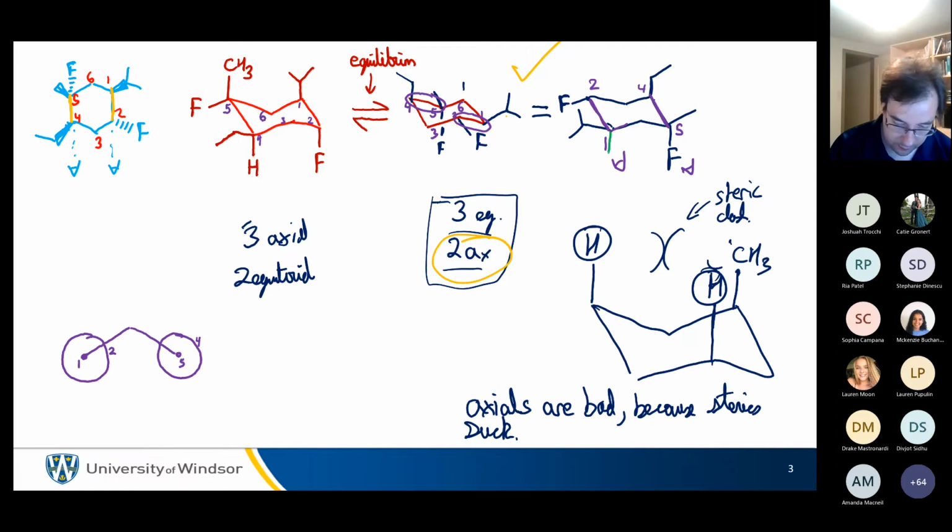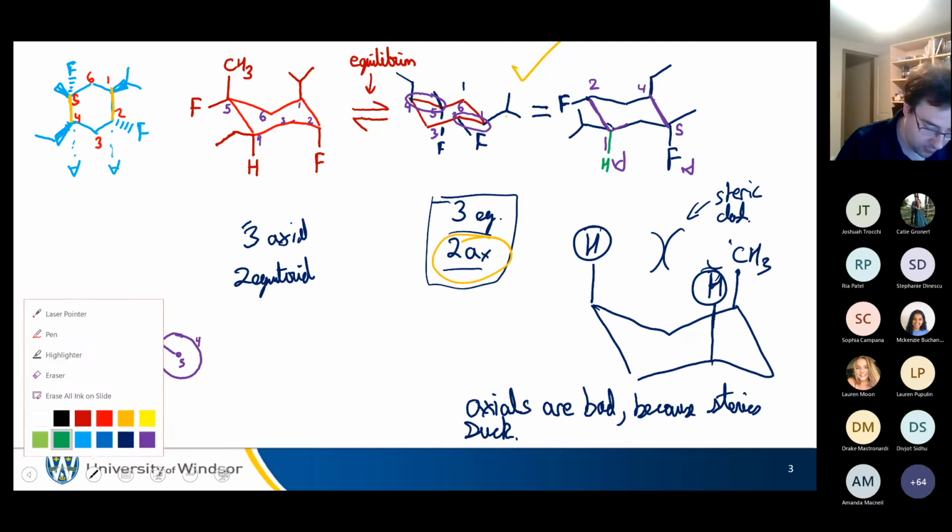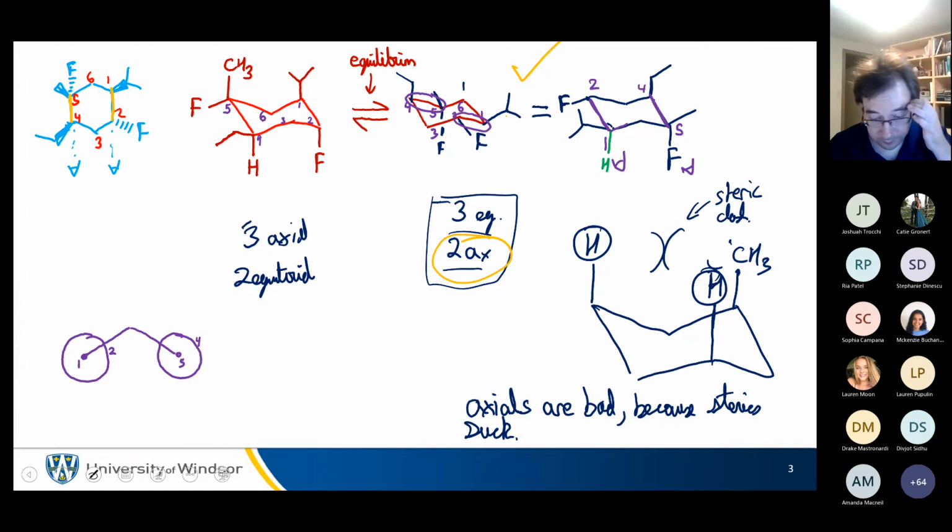Green. There, that looks better. If I'm looking straight down the carbon 1,2 bond, I'm going to have a hydrogen pointing right down. In my right hand, I've got the rest of the ring. In my left hand, I have the isopropyl.